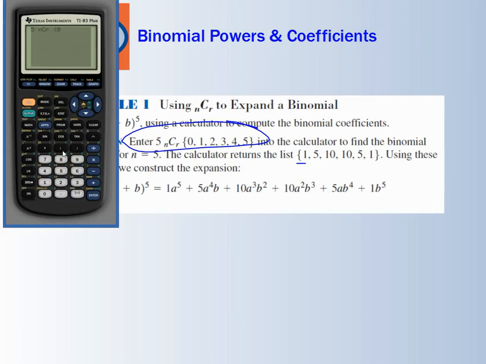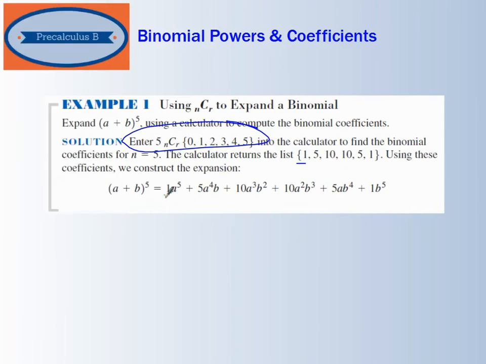Then you just do 0, comma, 1, comma, 2, comma, 3, comma, 4, comma, 5, and then the closing parenthesis, second closing parenthesis, which gives you that closing bracket. You hit enter, and it gives me the full set: 1, 5, 10, 10, 5, 1. That tells me all of the coefficients that we're going to be using. So that's where the 1, 5, 10, 10, 5, and 1 come from. Then we need to use the exponents.